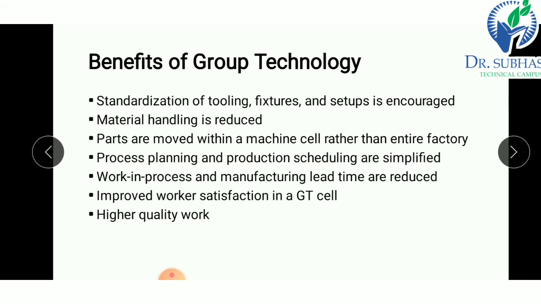Next, process planning and production scheduling are simplified. Our process planning and production schedule will become simple when we are using group technology, so we can easily make a process plan and production schedule by using this approach. Next, work in process and manufacturing lead times are reduced.